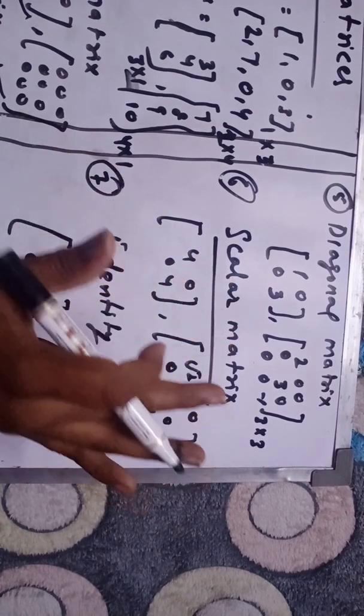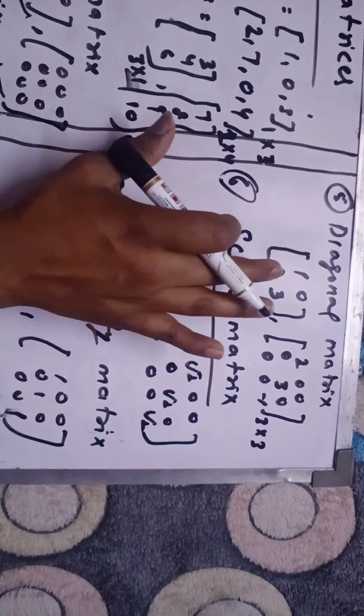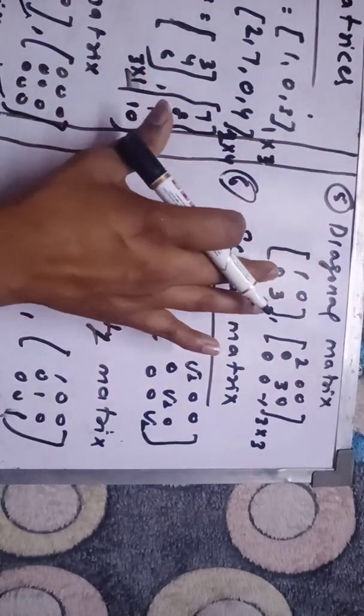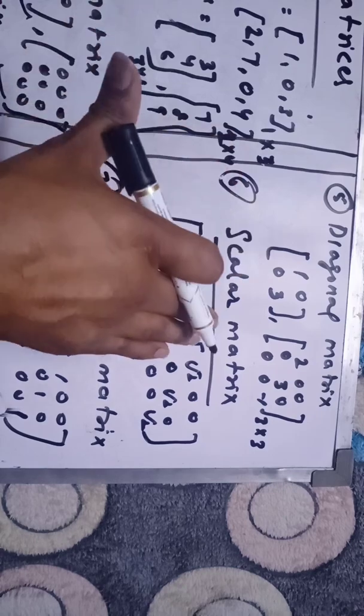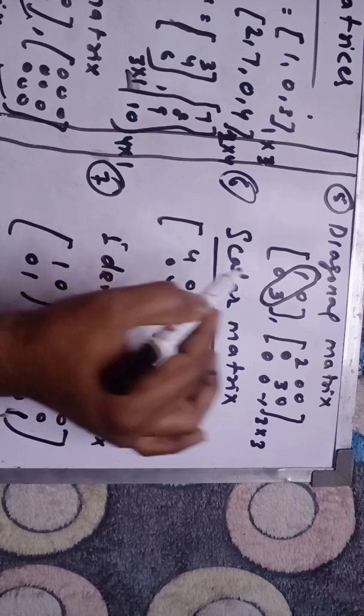This is diagonal matrix. So any square matrix in which the elements are represented only in diagonal form. So here we can see the elements in the diagonal of this one. We have to take only this diagonal, not this diagonal. We are not considering this diagonal.